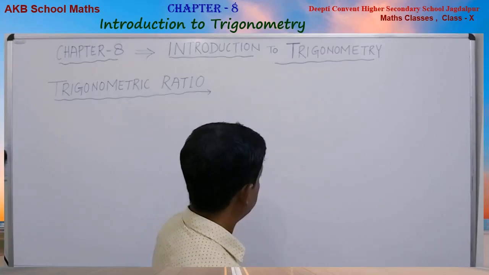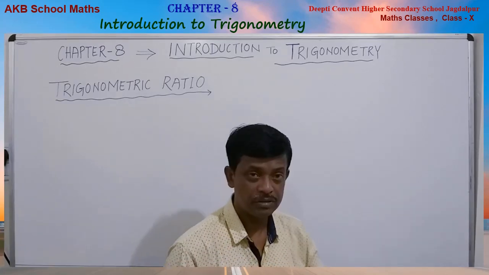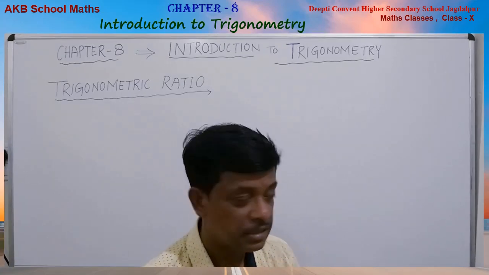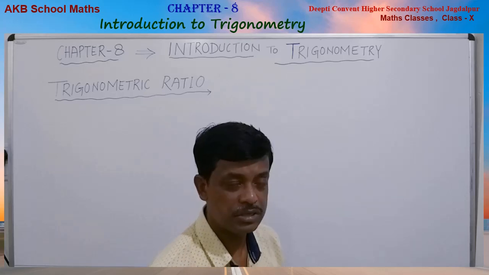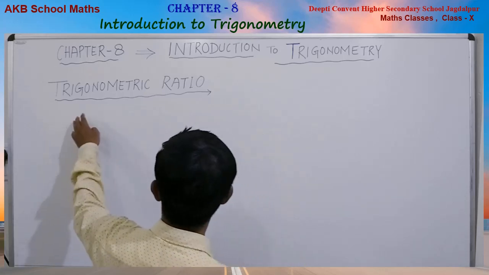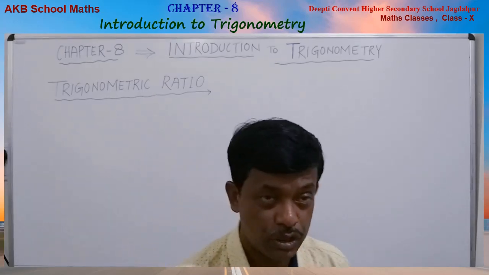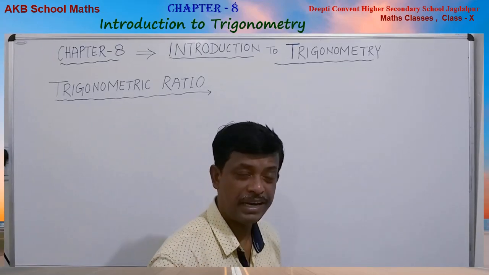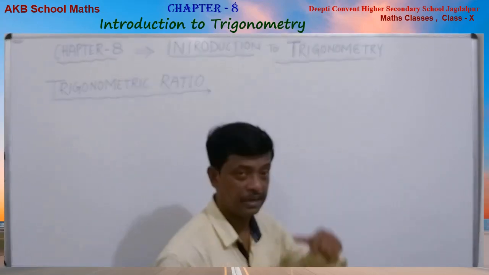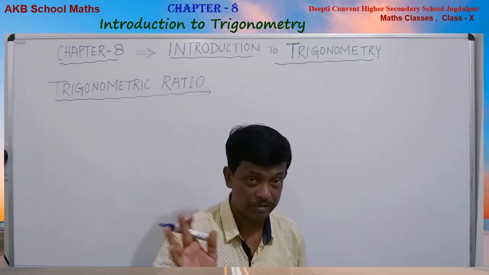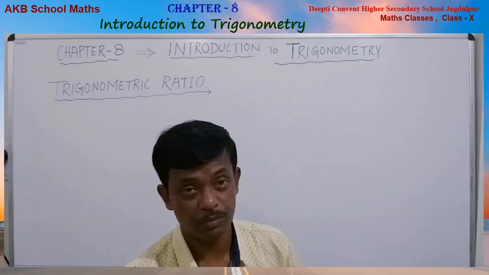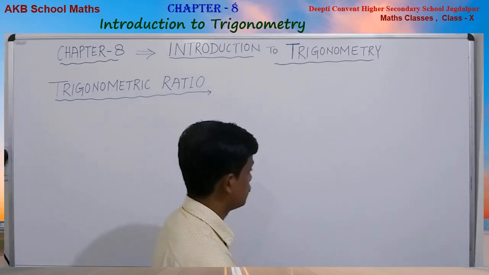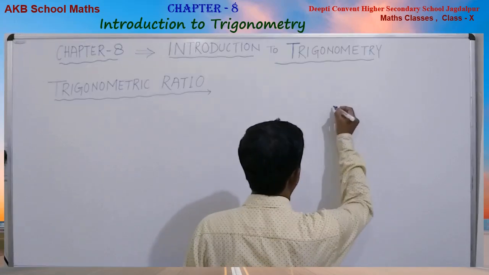And if we take the inverse of those ratios, we get the other three ratios. So there are six trigonometric ratios. Trigonometric ratios are defined by taking sides of a right angle triangle. They are not trigonometric functions; that is the topic of higher classes.